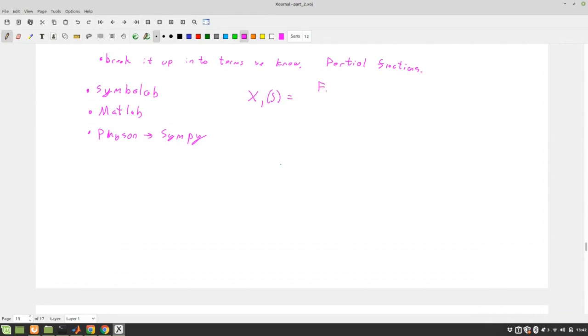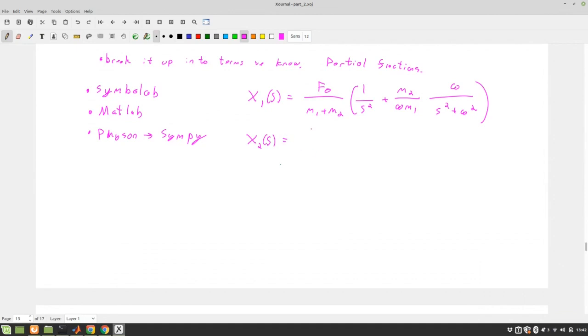X1 of s is equal to F naught over M1 plus M2, times 1 over s squared, plus M2 over omega M1 times omega over s squared plus omega squared. Those look familiar?